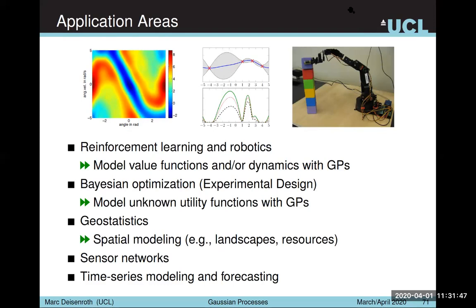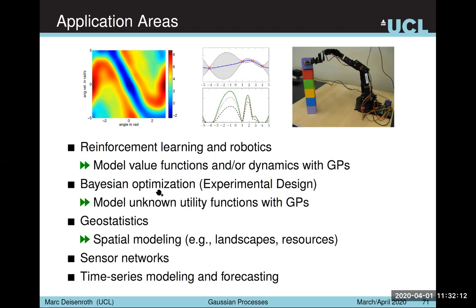Okay, cool. So when I say value function, that should ring a bell. You can also do model-based reinforcement learning, where you learn the transition model using a Gaussian process. So these are some things you can use Gaussian processes for.